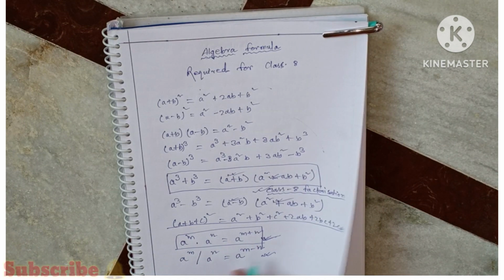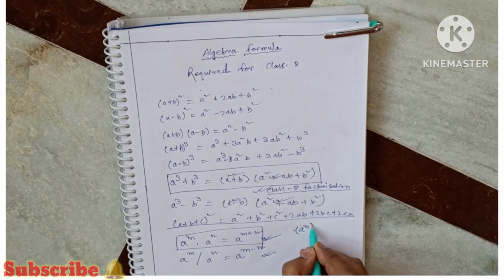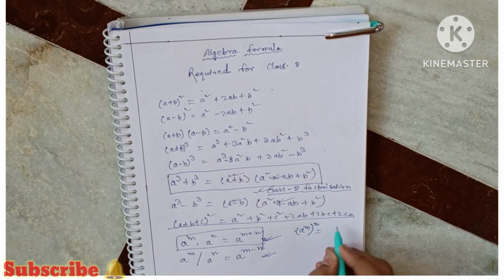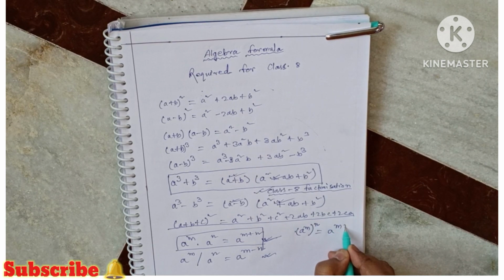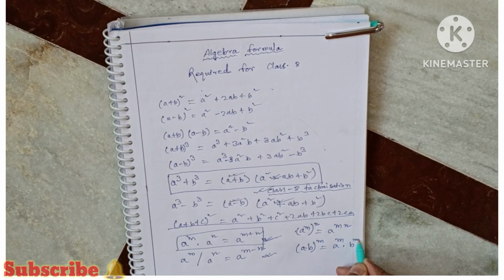Like as you can see here, (a to the power m) whole to the power n is equal to a to the power mn, m multiplied by n. Also (a multiplied by b) whole to the power m is equal to a to the power m multiplied by b to the power m.